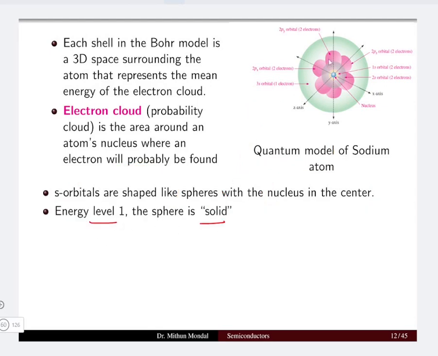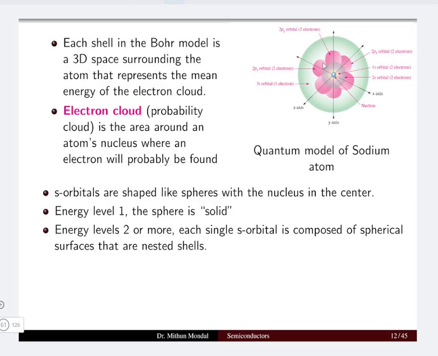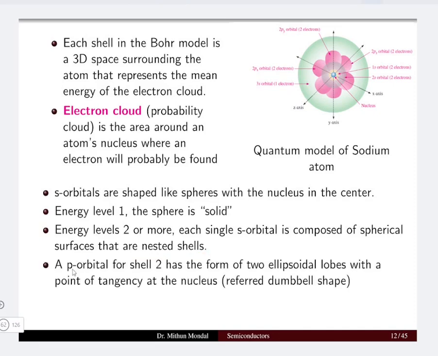So at the center of this atom is the nucleus, then we have energy level 1, the solid sphere, which we can see here, and then in energy level 2 we have the s orbital composed of spherical shells that are nested shells.